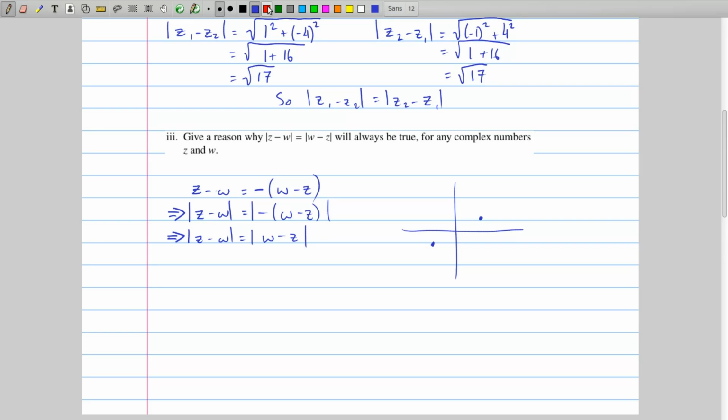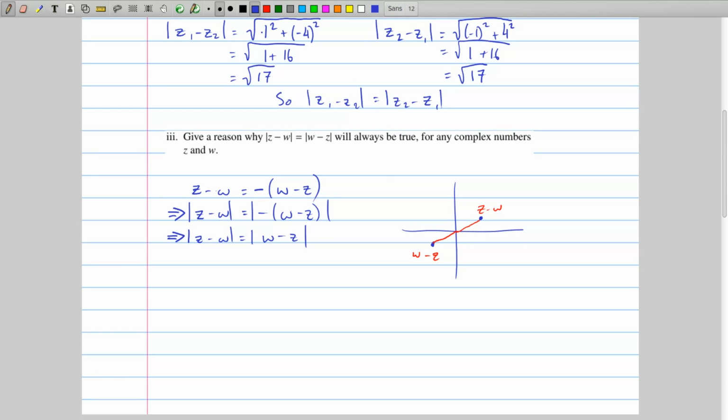And so when you're talking about modulus, you mean distance from the origin, essentially, the length of the complex number is another way of saying it. And so the distance to this one, z minus w, for instance, has to be the same as the distance to w minus z, because it's an image in central symmetry through the origin. It just sort of has to work out that way.